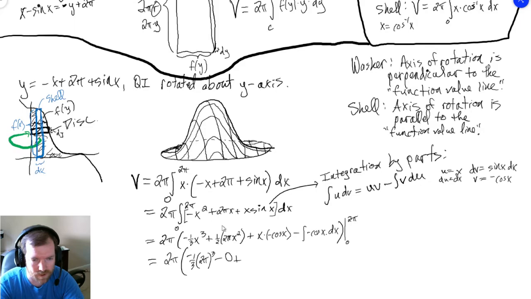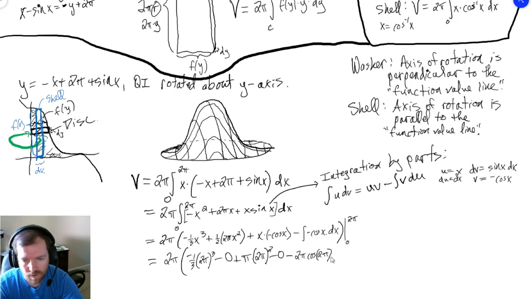Plus, this is going to be half of 2 is 1 pi times 2 pi squared, again minus 0. This is going to be a negative 2 pi cosine of 2 pi. This is going to then be minus a negative makes plus, x is 0, so 0.